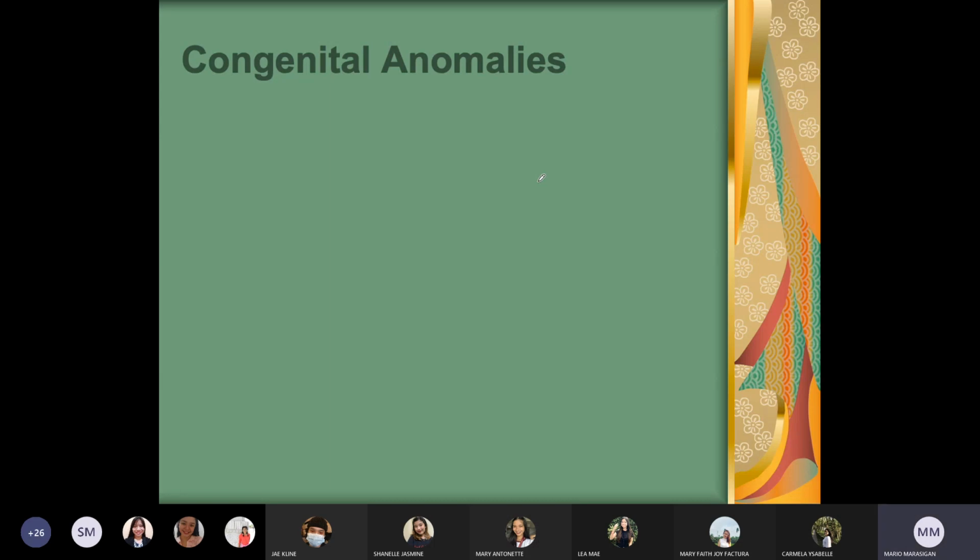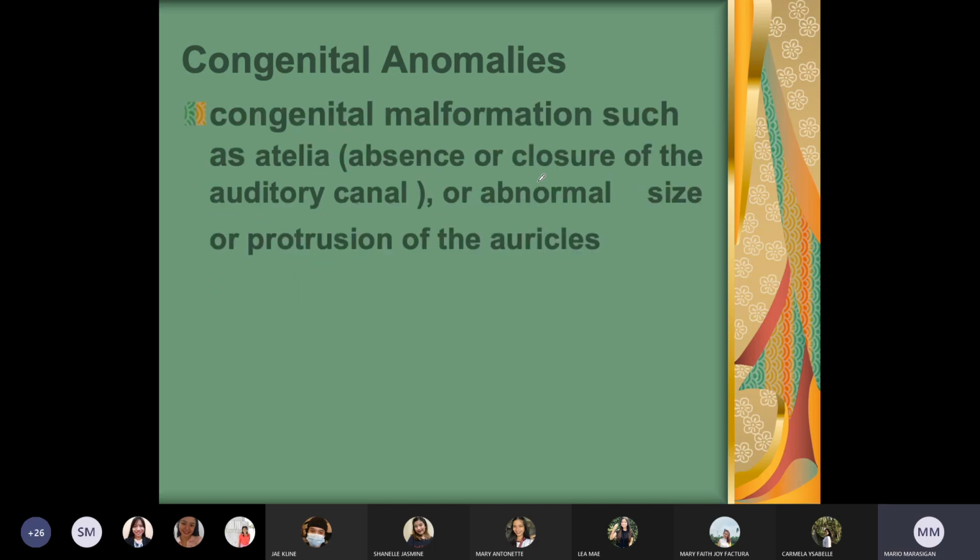Let's proceed to congenital problem in the ear. So congenital problem in the ear, such as your atelia, I mentioned this a while ago. Atelia means absence or closure of the auditory canal. I think may nakita na kayong ganyan mga picture sa inyong health assessment, no?